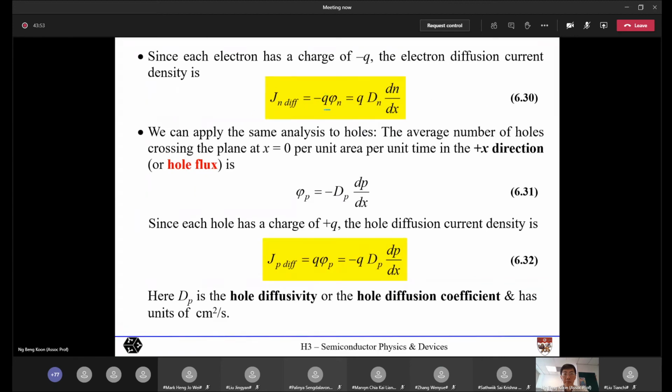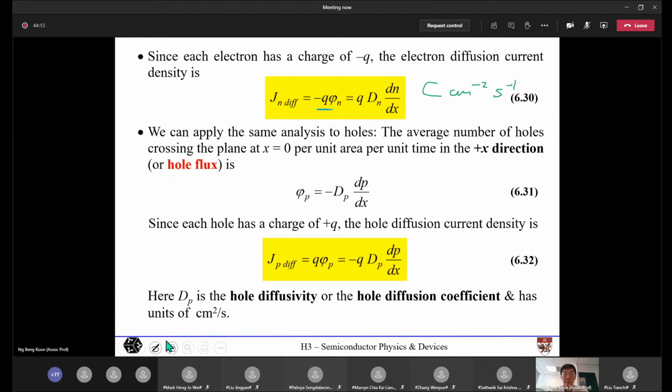Again, we analyze the units. We have the charge, which is Coulomb, and the electron flux, as I mentioned earlier, is per unit area per unit time.